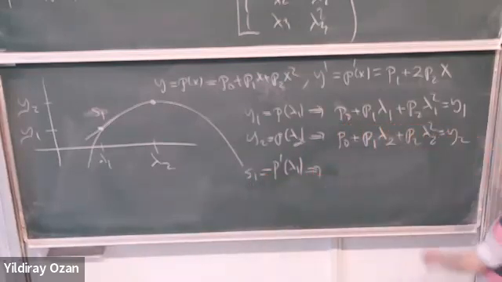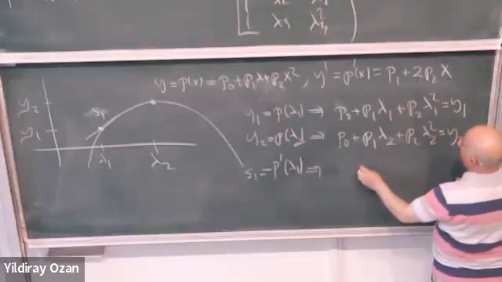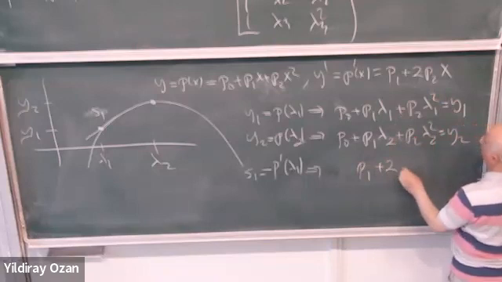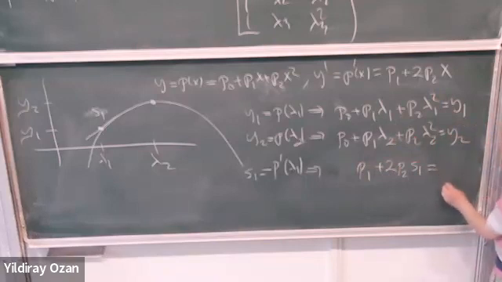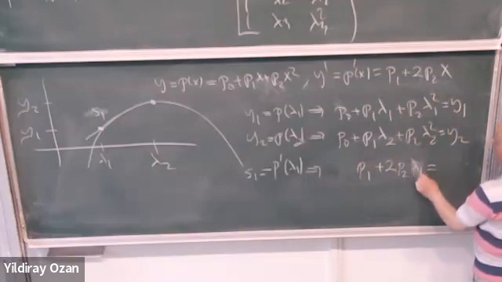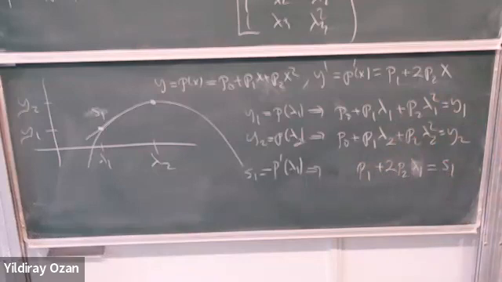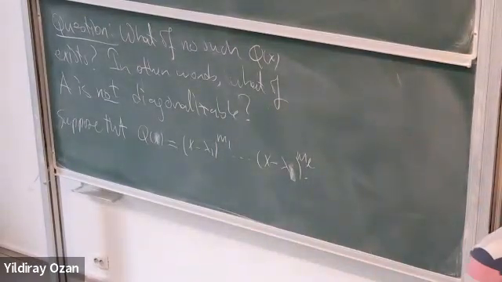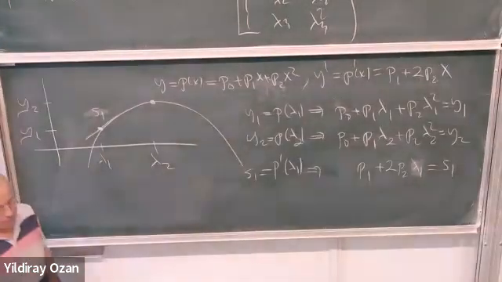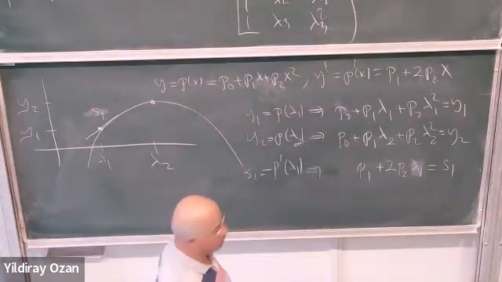This gives P1 plus 2 P2 lambda 1 equals S1. So again, we have three conditions, okay? So this situation corresponds to this geometric problem. Okay, and I'll talk about it in the next hour.